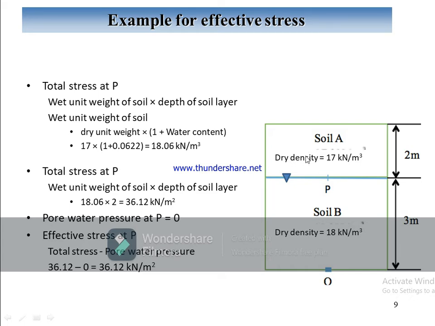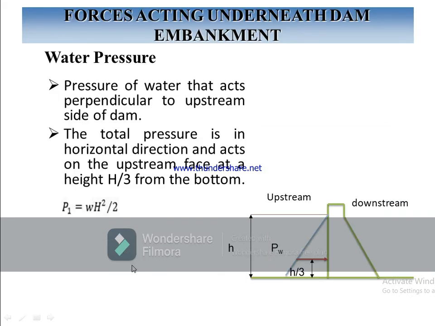There is no water table, so there is zero pore water pressure. So the effective stress at point P is equal to the subtraction of this value from 36.12, by the formula. So that's all about this example.